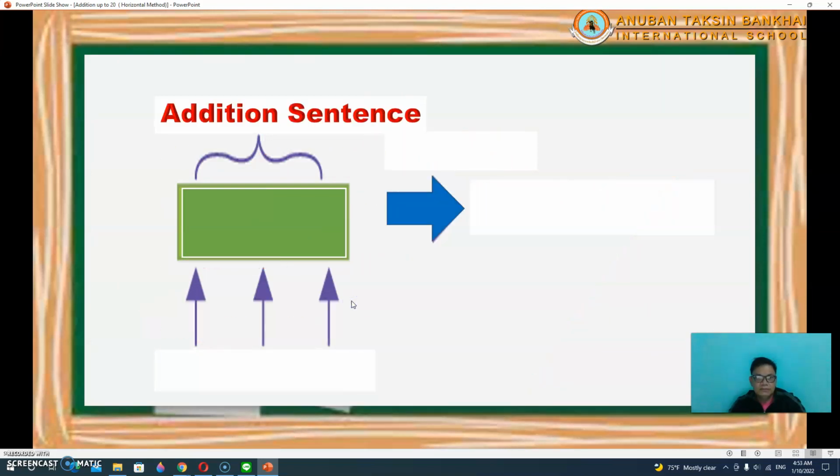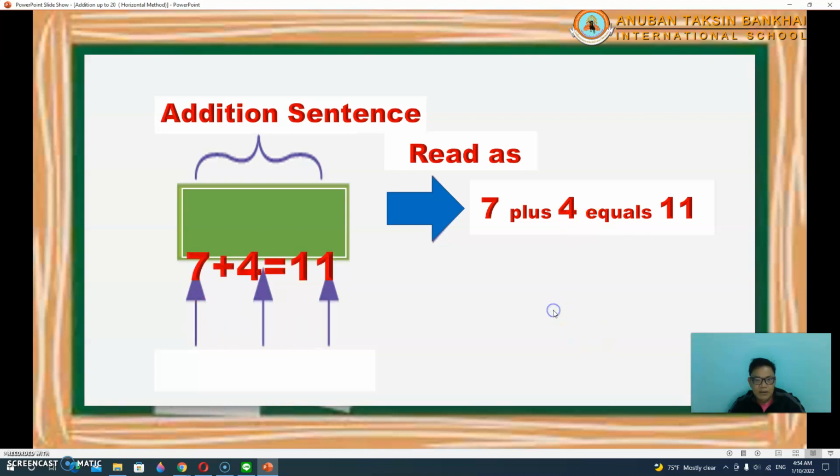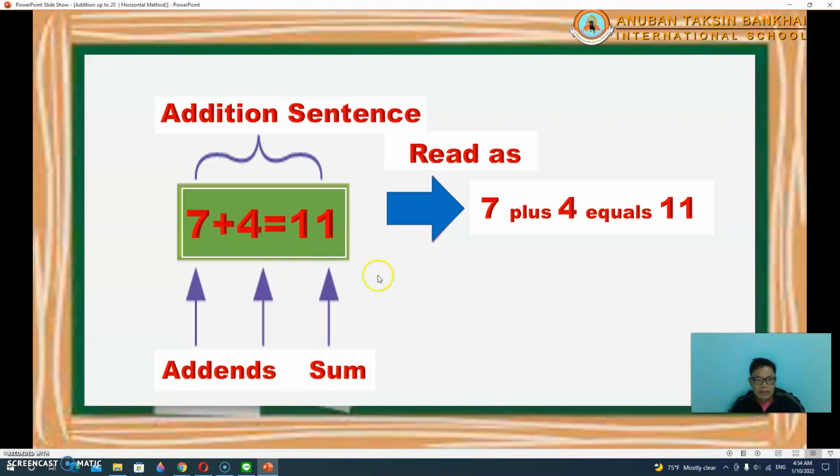We have an addition sentence, read as 7 plus 4 equals 11. 7 plus 4 is our addend and 11 is our sum.